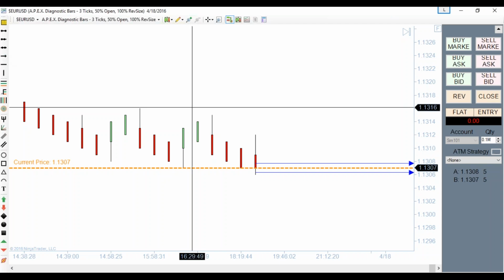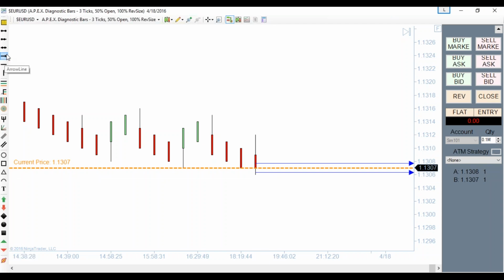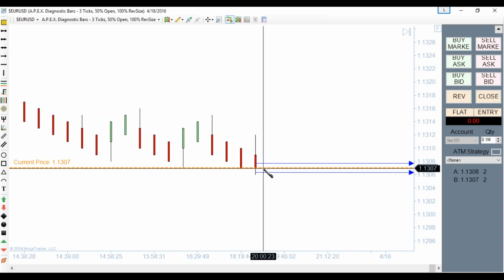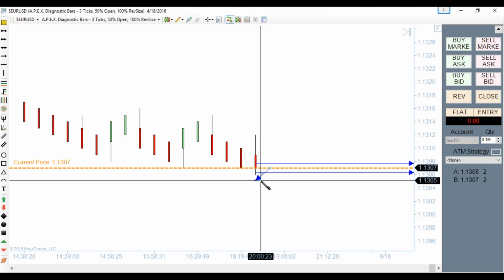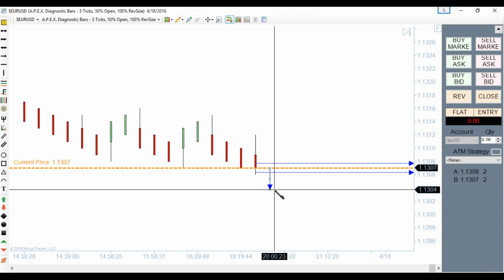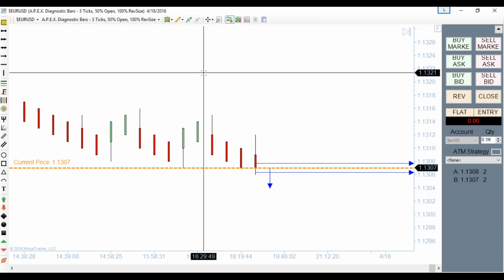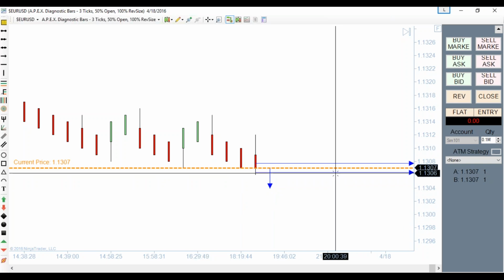So I am wrong. At 9 o'clock, I'm wrong. The market didn't go up. The market went down to 1304, and it expired at 1304. Did my binary win or lose?